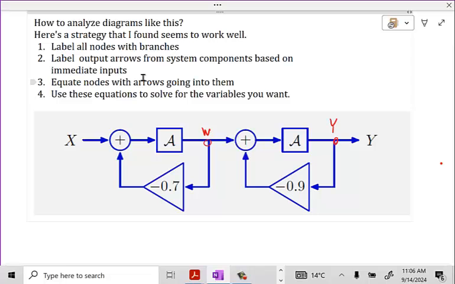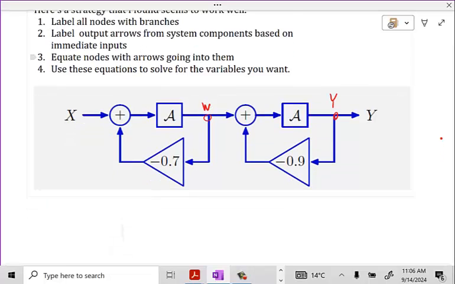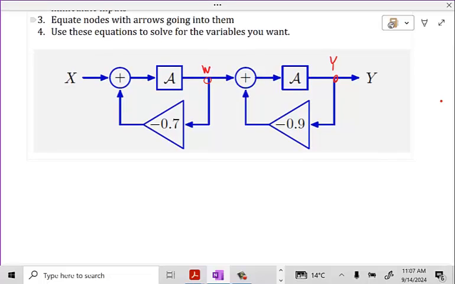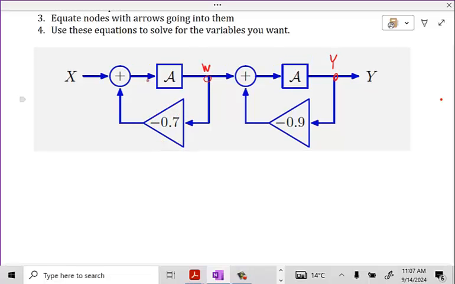So let's start from left to right and see what we can do about this. All right, so here's a system component here, the minus 0.7, and I want to label the output of that. Well, the immediate input is just from the W, right? So this is just going to be minus 0.7 W. Okay.